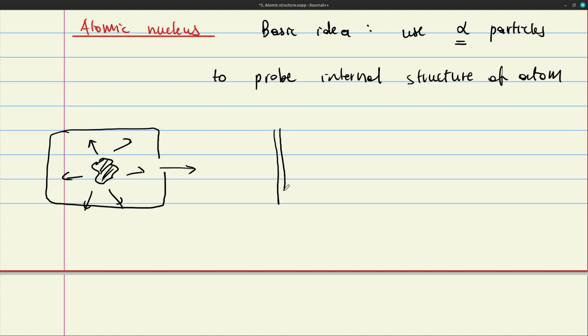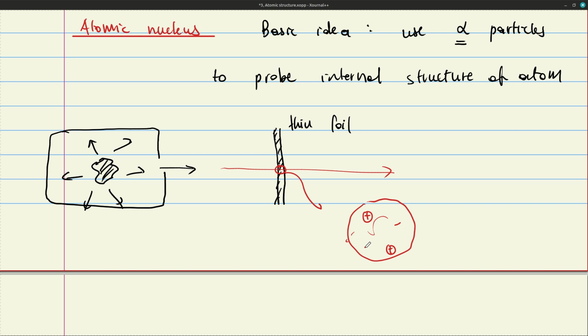Okay, and you want to see that the alpha particle just goes through. This is like a tin foil. And the expectation is that all alpha particles just go through. Why? Because there's a little bit of structure inside, and you have these plum puddings around, and these electrons.